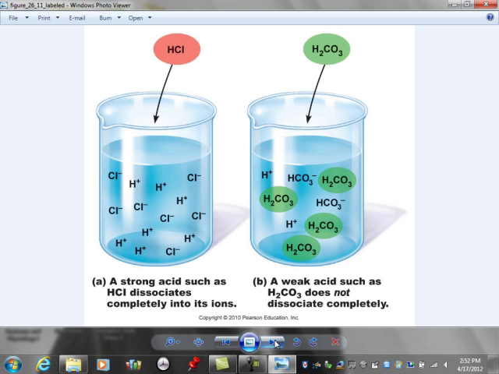And we talked a little bit about this when we talked about the respiratory system. If I have too much carbon dioxide, I'm going to make too much what? Carbonic acid. Is that ringing a bell? If I make too much carbonic acid, what's going to happen to my pH?